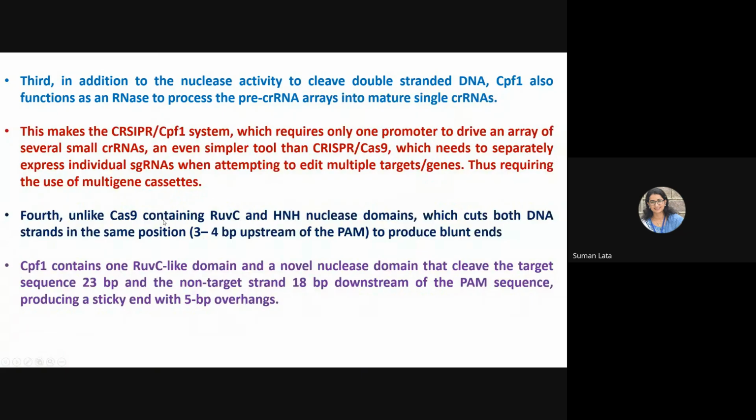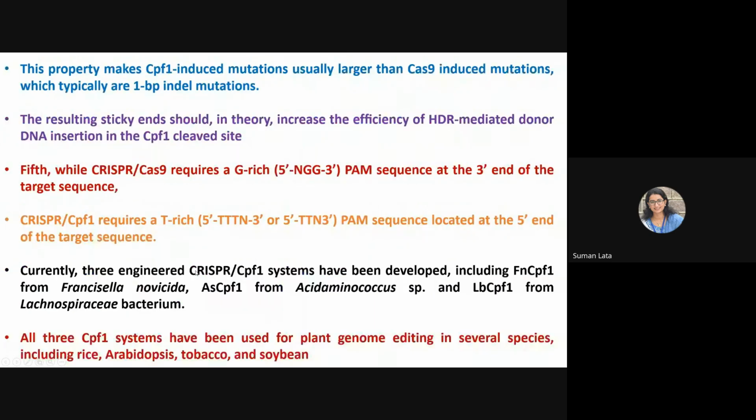In case of the Cas9, the blunt ends are created, and in case of the CPF1 system, the sticky ends are created. So, due to the creation of the sticky ends, the CPF1 can produce larger mutations compared to Cas9.